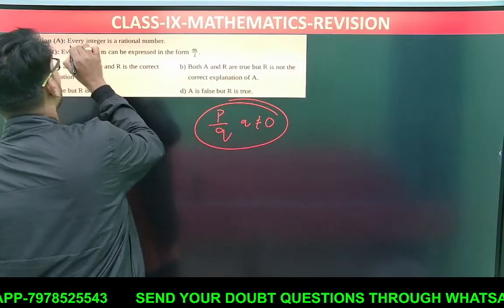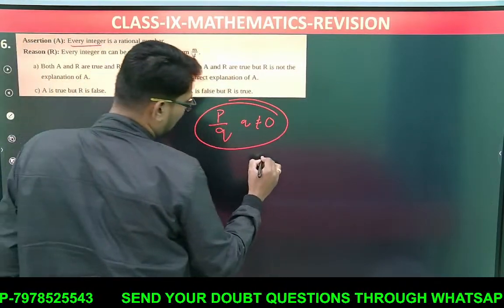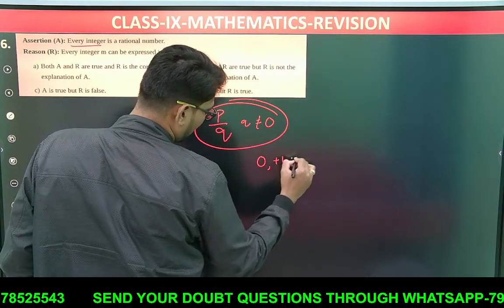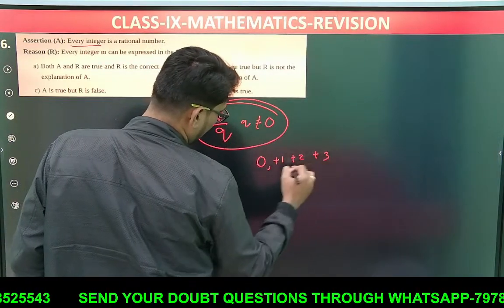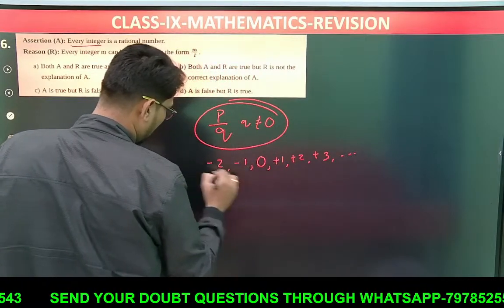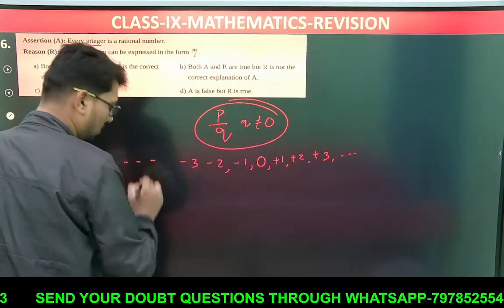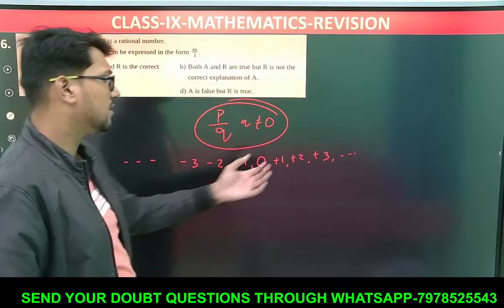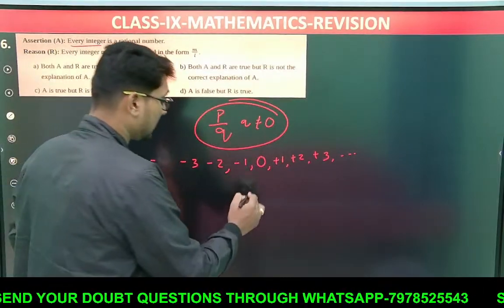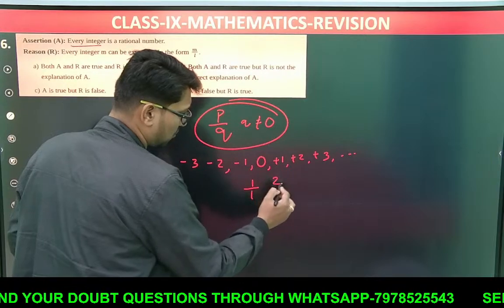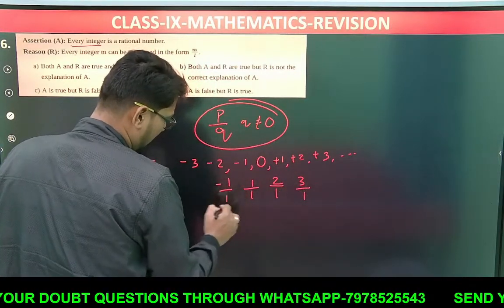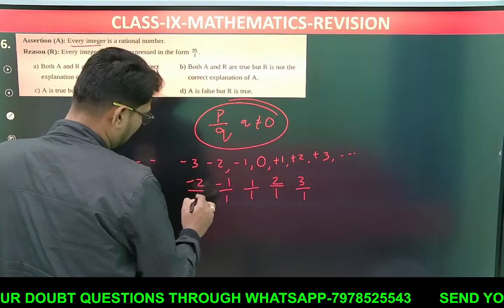So it is saying every integer. Integer means 0, plus 1, plus 2, plus 3, and so on, minus 1, minus 2, minus 3, and so on. These integers are also rational, because I can write 1 as 1 by 1, 2 as 2 by 1, 3 as 3 by 1, minus 1 as minus 1 by 1, minus 2 by 1.